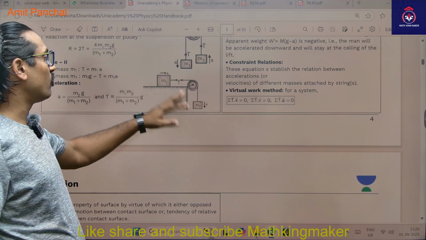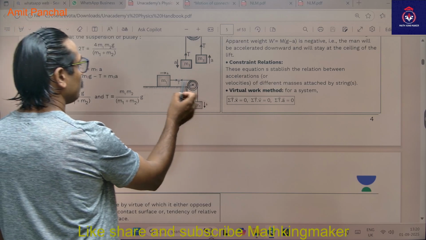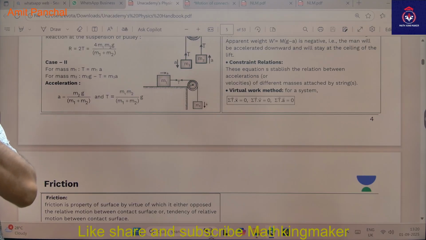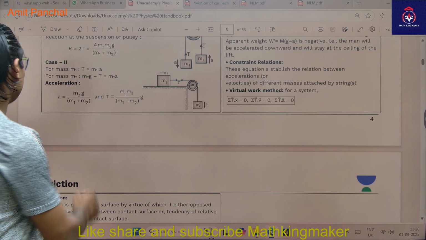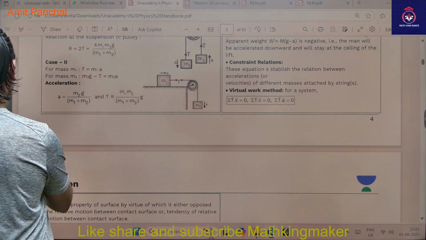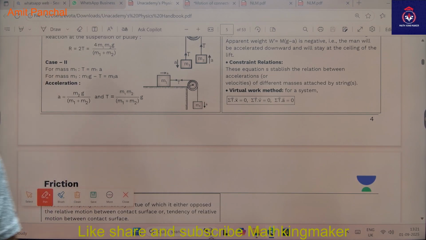So what kind of forces will you have? The tension in the string will be like this. Got it? But sir, this is if friction isn't there, right? Or else it will change. Yeah, friction is not there.